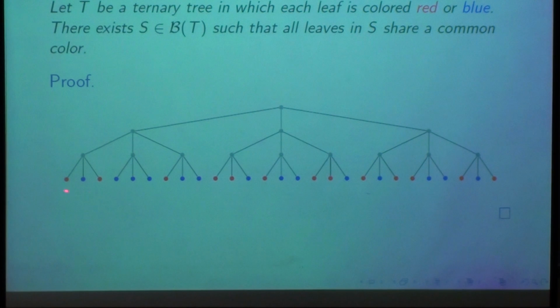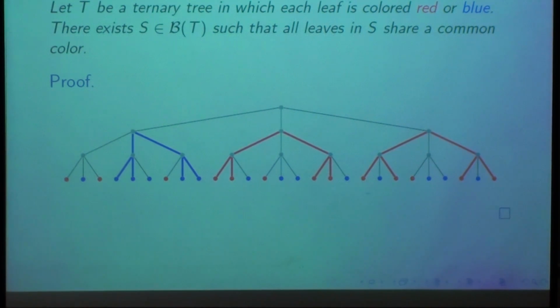By induction we can find a monochromatic binary subtree over here, in this case it's blue, and similarly a monochromatic binary subtree in the middle tree and over here on the right.